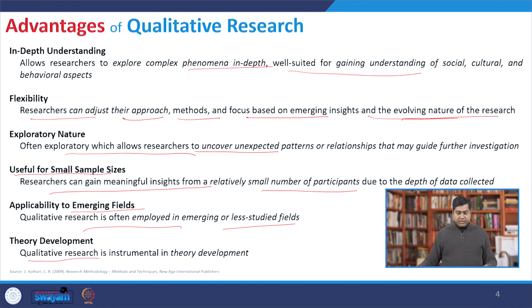Qualitative research is very instrumental for theoretical development. Again, if you ask me what to pick, qualitative or quantitative, or should we go for a combined or mixed method, the answer is not very straightforward.